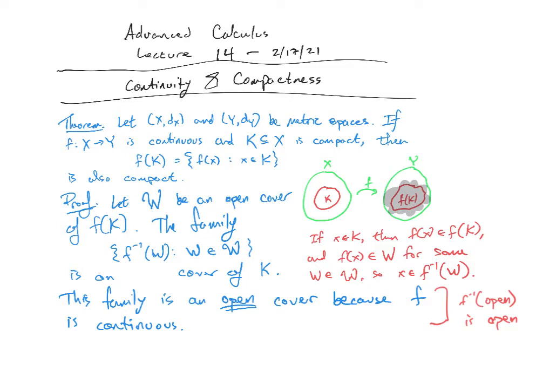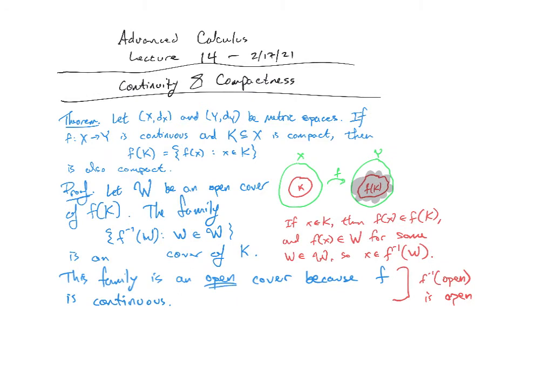Now, K is compact, and we've just made an open cover of it, so we can take a finite subcover. So since K is compact, this open cover has a finite subcover.